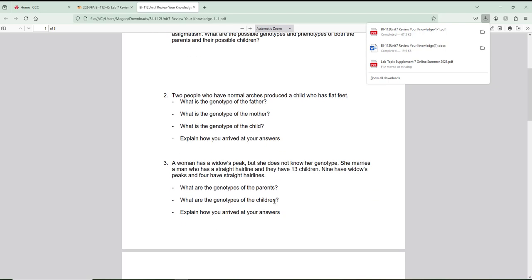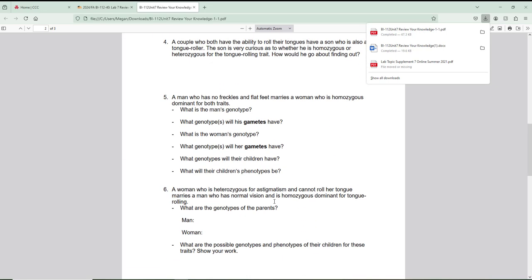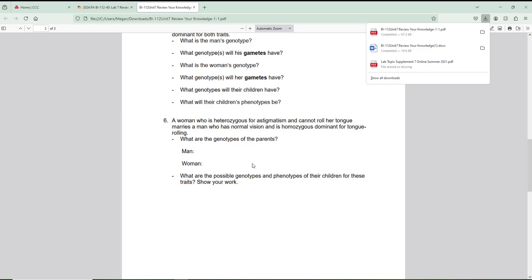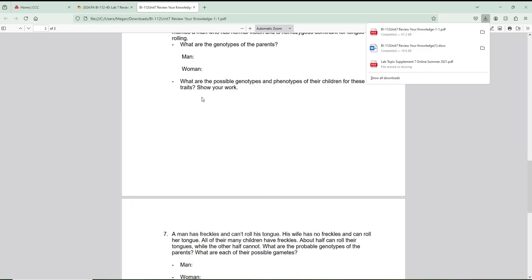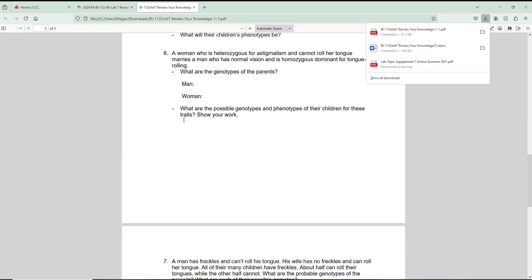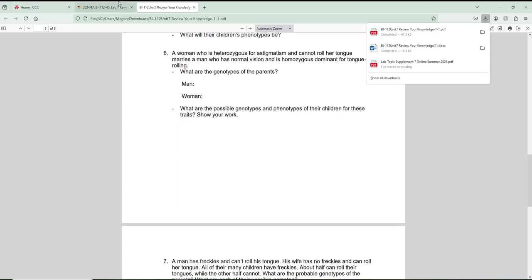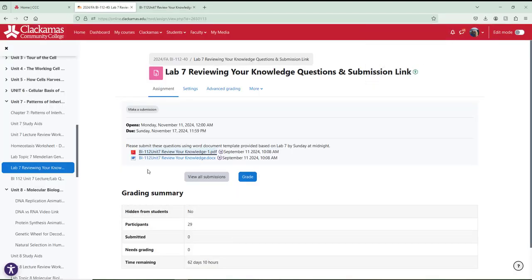Pretty straightforward. Over here, make sure that you're listing the gametes, not the genotypes. Show your work. So that includes a Punnett square and then the genotypes and the phenotypes of the offspring. Okay. Once you're done with reviewing your knowledge, go ahead and submit that for points.